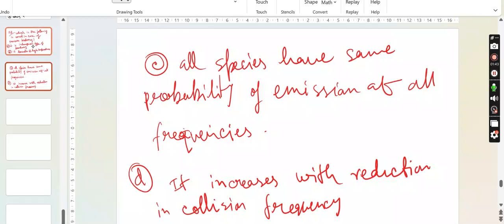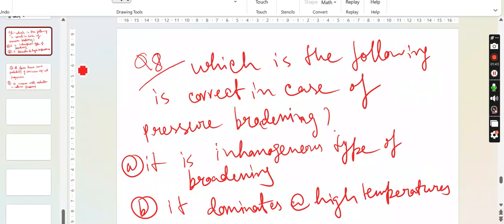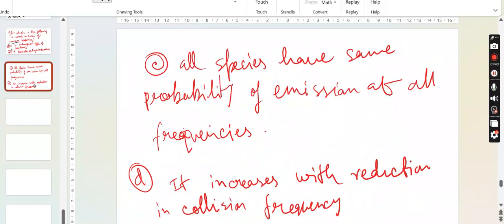The pressure broadening is not inhomogeneous in nature. It doesn't dominate at high temperature. It increases with more collisions, so the increase with reduction in collision frequency is not correct.